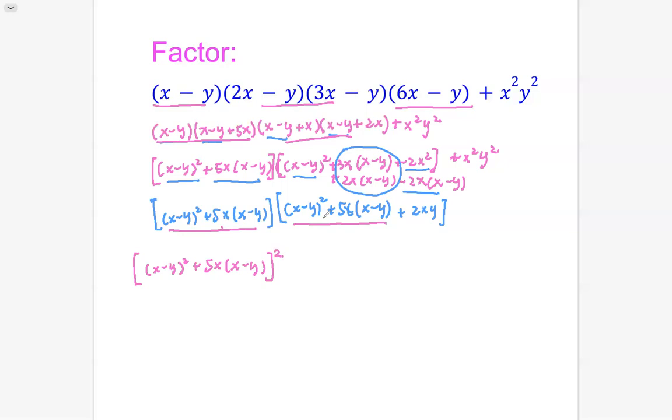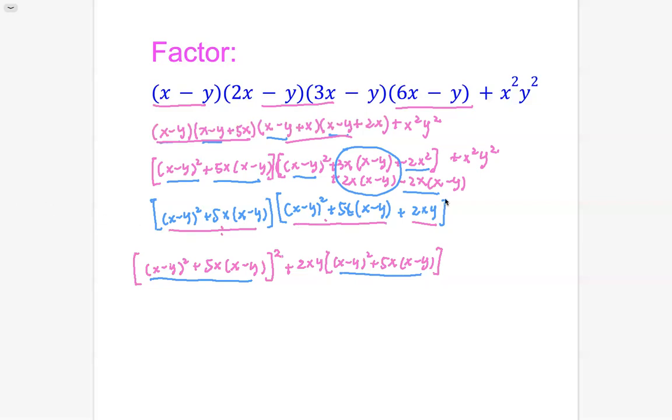Because this one times this one. Then plus 2xy times this term. 2xy times x minus y squared plus 5x times x minus y. Yeah, you're just treating this whole expression as one group, okay?